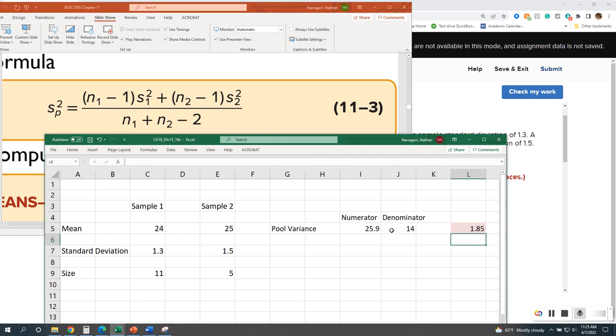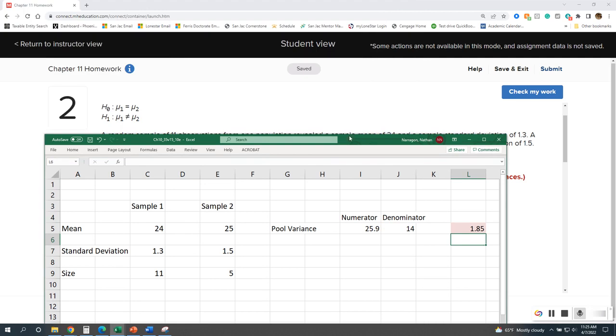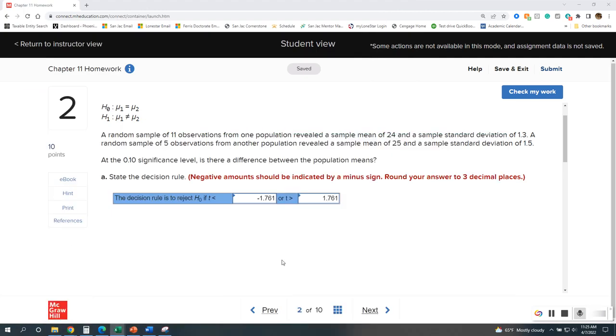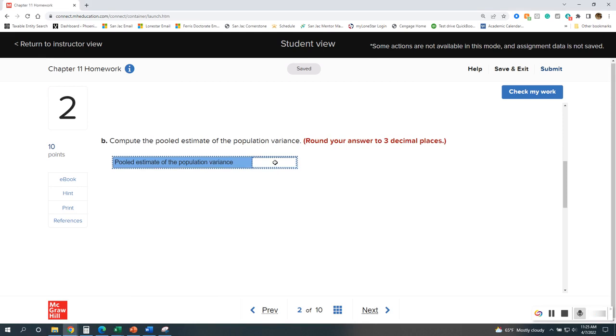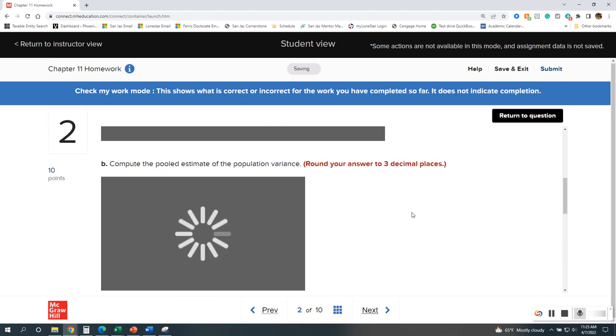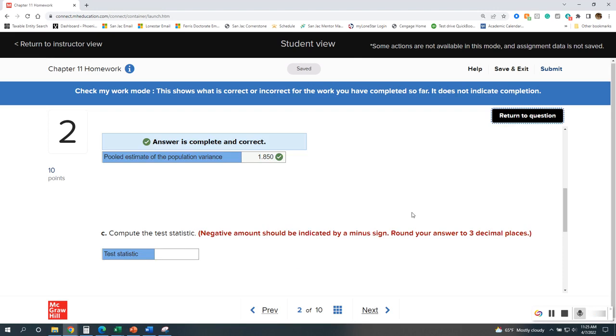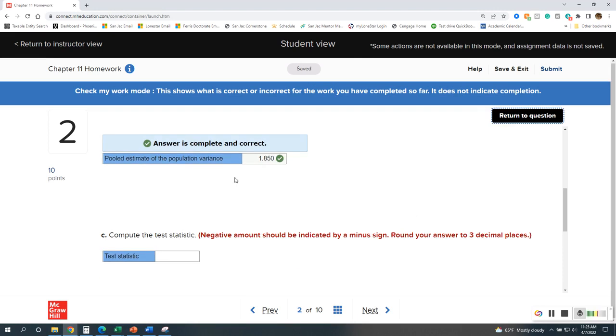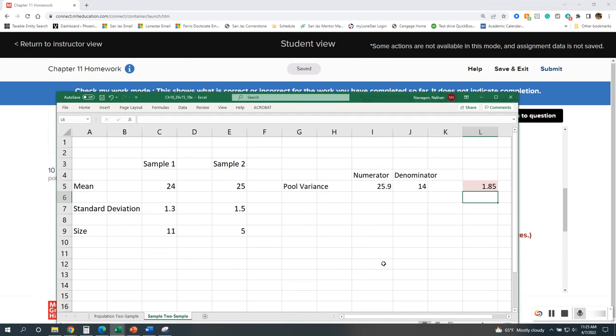Okay, let's see if the formula works. If not, this is how we experiment. Okay, 1.850. And it is correct. So now I have the pooled variance in Excel.